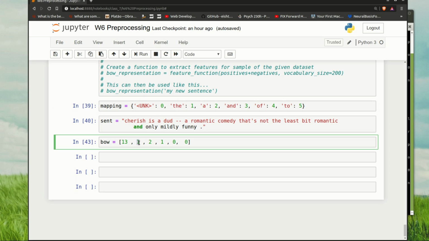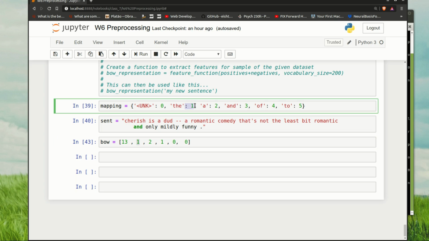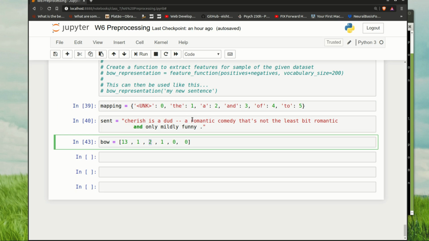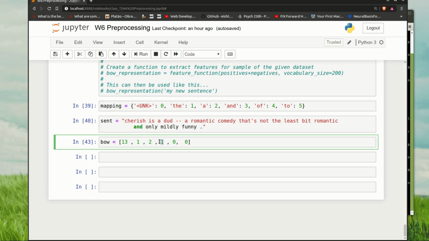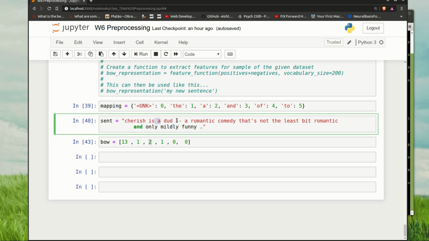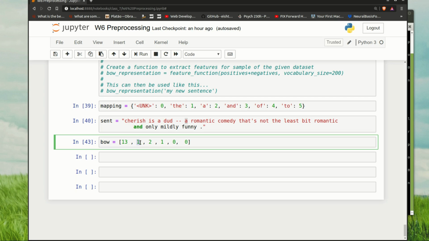So the second index is related to the, the third index is related to a, the fourth index is related to and. Here we have a 1 because in the sentence there is only one and. Here we have a 2 because in the sentence there are 2 a's. Here we have a 1 because in the sentence there is 1 the.